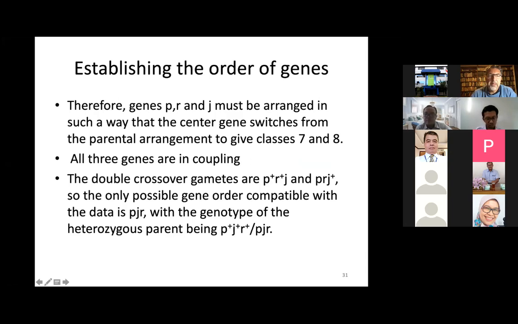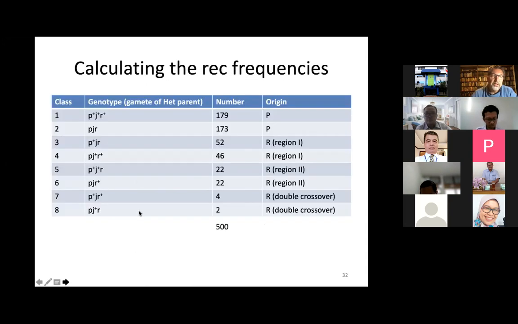The possible gene order that is compatible with the data is PJR instead of PRJ, with the genotype of the heterozygous parent being P plus J plus R plus over PJR. So if we now rearrange the genes with J in the middle, we rearrange the classes here according to this.